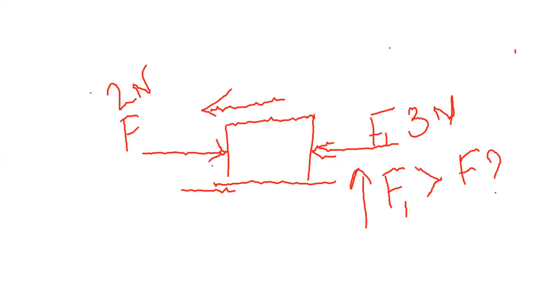Now again, let us take another example to hold the condition of the table. At that time, suppose the table which I have considered, here I have applied a force F1 of 3 Newton, and from this particular side a force F of 3 Newton.